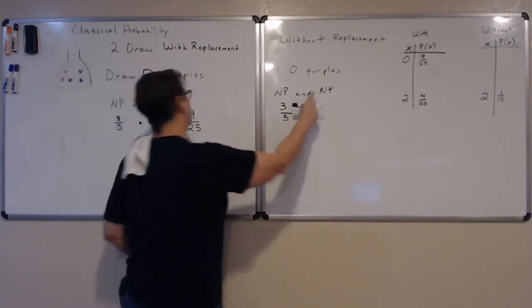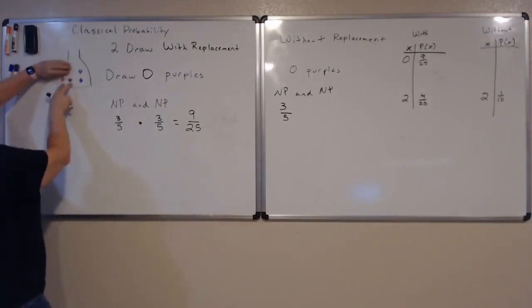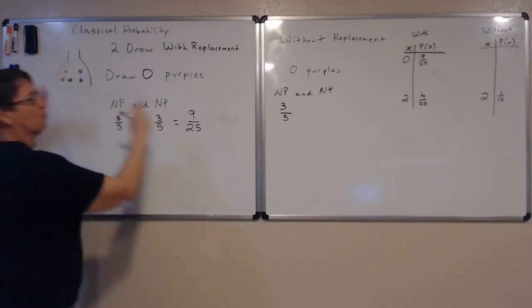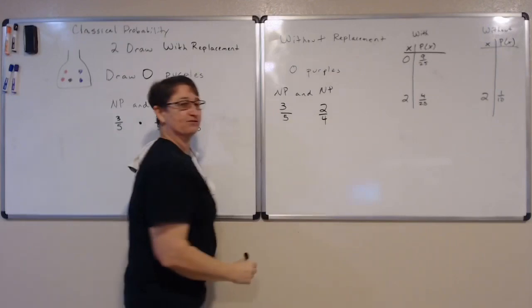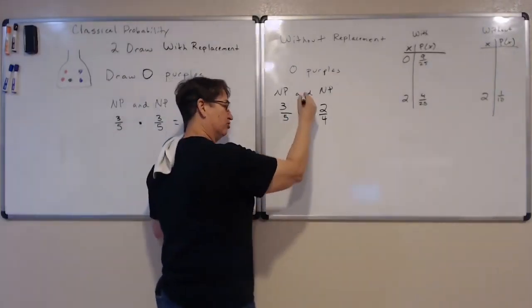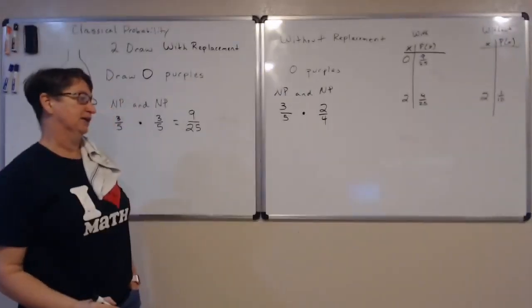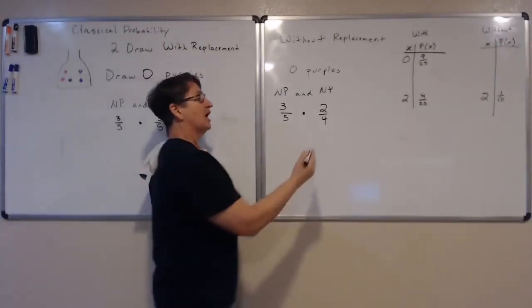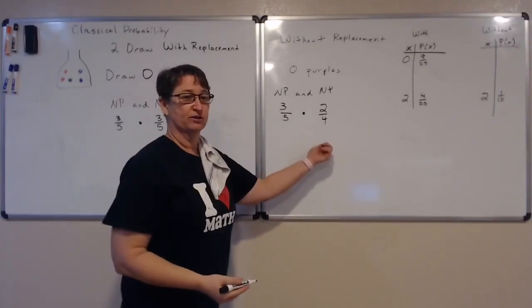Perfect. And then once I take one out, you're right, there's only 2 not purples left in there out of a total of 4. So there's 2 out of a total of 4 left in there. That rule tells me I'm multiplying there. Again, when I multiply, I like to be able to simplify first.